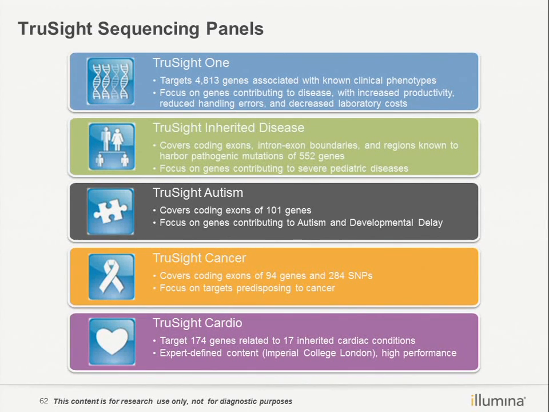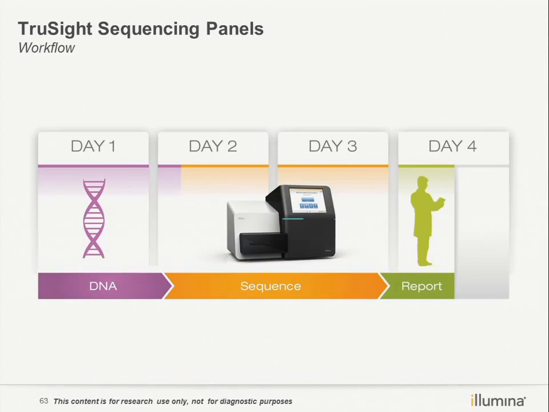And TruSight Cancer, 94 genes, and 280 for TruSight, and TruSight Cardio for some cardiac conditions, diseases. So I think for research, maybe this kit will be helpful.